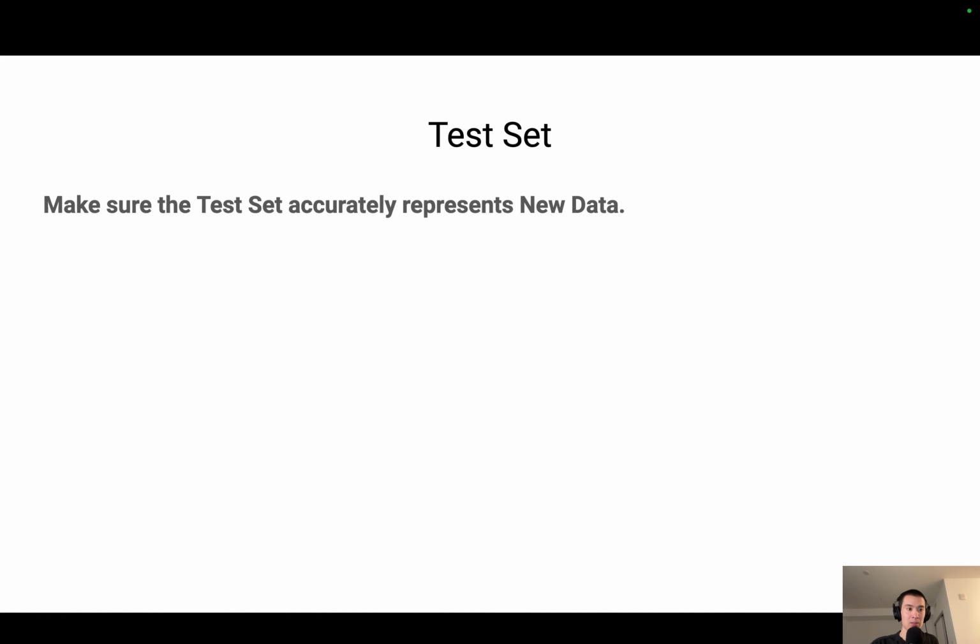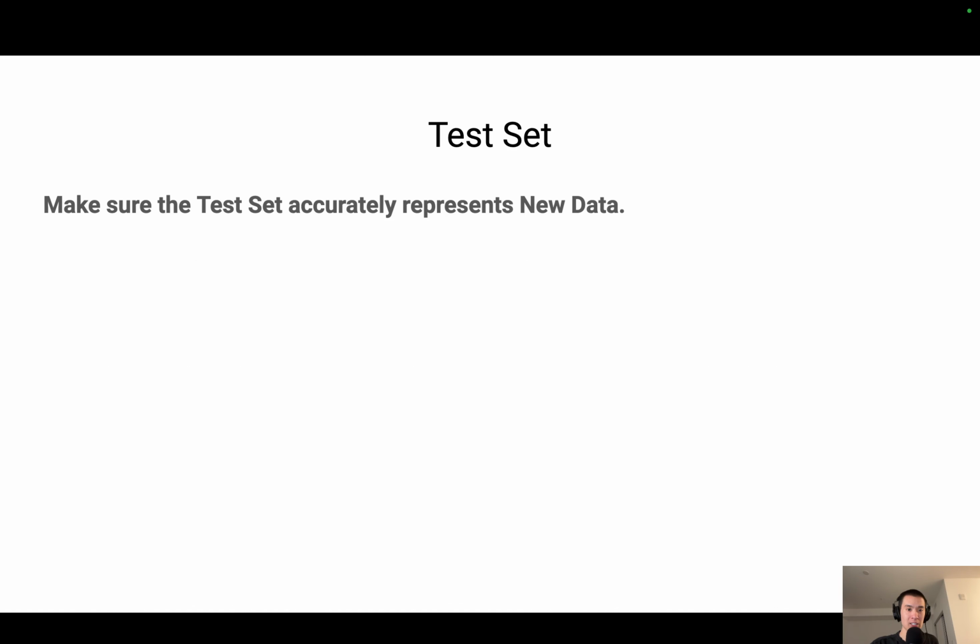For the test set, make sure the test set accurately represents new data. What do I mean by that? For example, if your model determines if a person in an image is dancing, make sure your training set and test set have no shared duplicate images. Otherwise you're using flawed data.